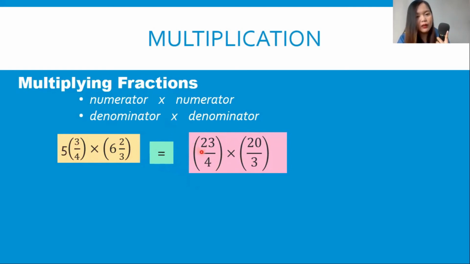And you can write 23 here and then copy the denominator, which is 4. On the other hand, 3 times 6, that's 18, plus 2, that's 20, and then copy the denominator, which is 3. That's why it became like this.